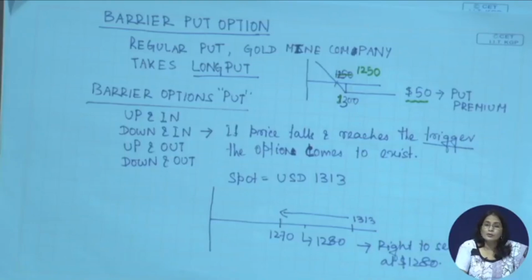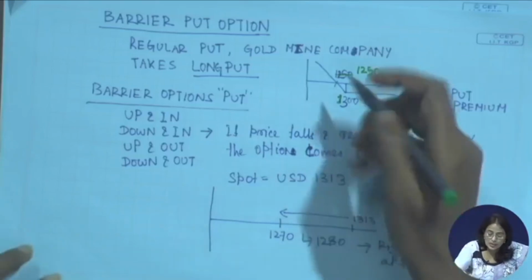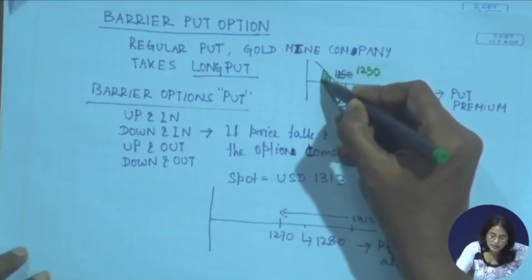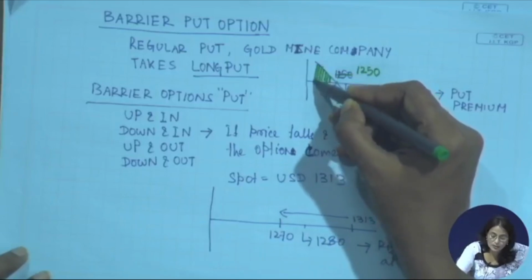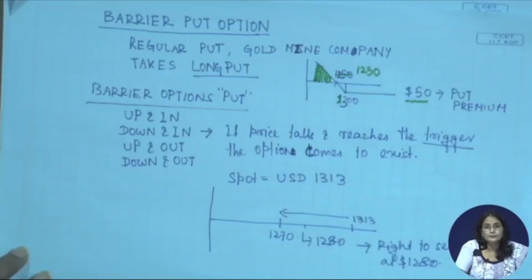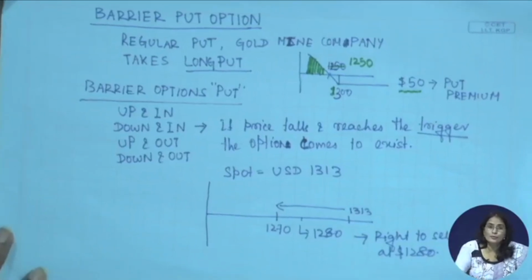So it will start incurring profit from this particular option contract when the gold price is less than 1250. So this is a typical regular put option contract.